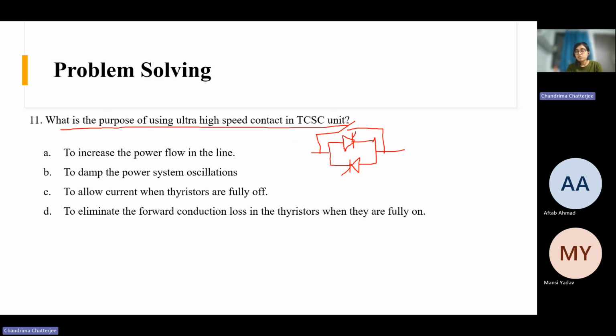When we close this contact, when these thyristors are fully on, we can bypass them so that there is no conduction loss. We can avoid the conduction loss that will happen if the current flows through the thyristors. So the correct option is to eliminate the forward conduction loss in the thyristors when they are fully on.